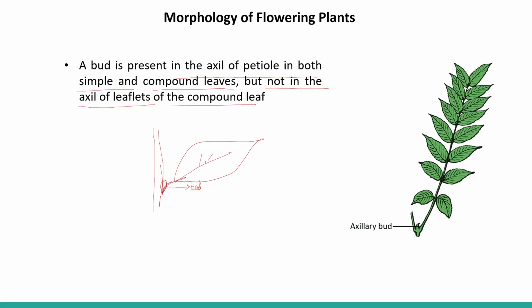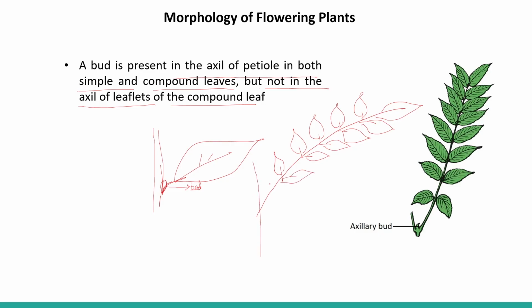Now coming to the compound leaf. So I am drawing a compound leaf here. Okay, so these are the leaflets. These are the leaflets, and this is the main branch of it.